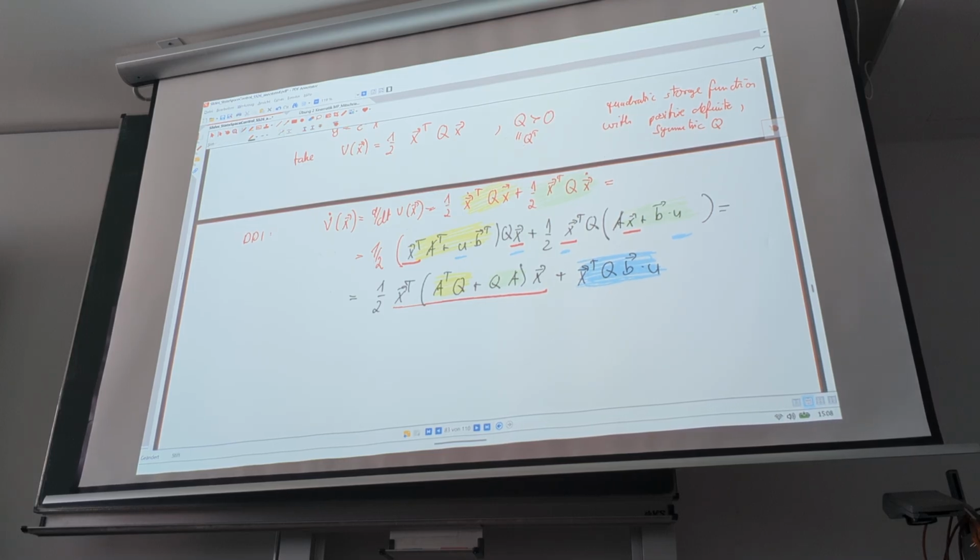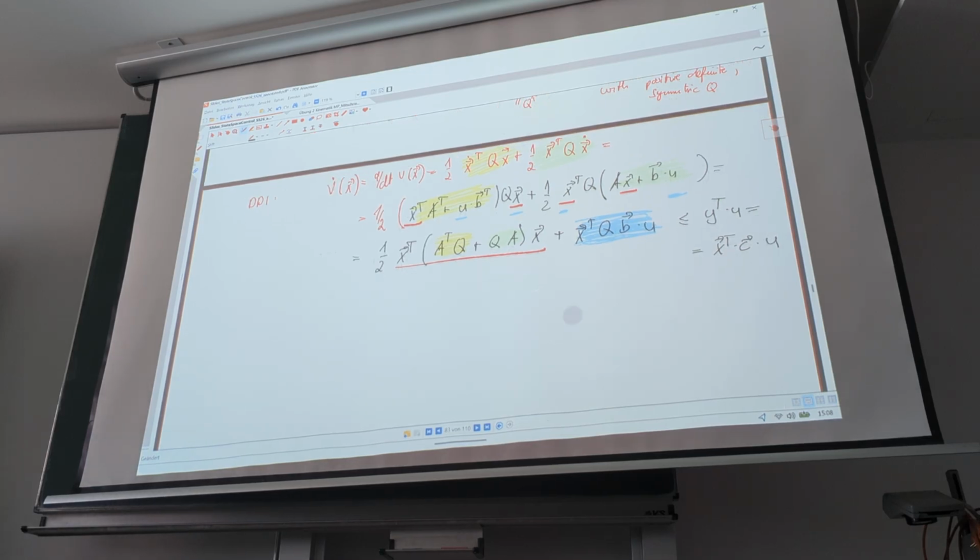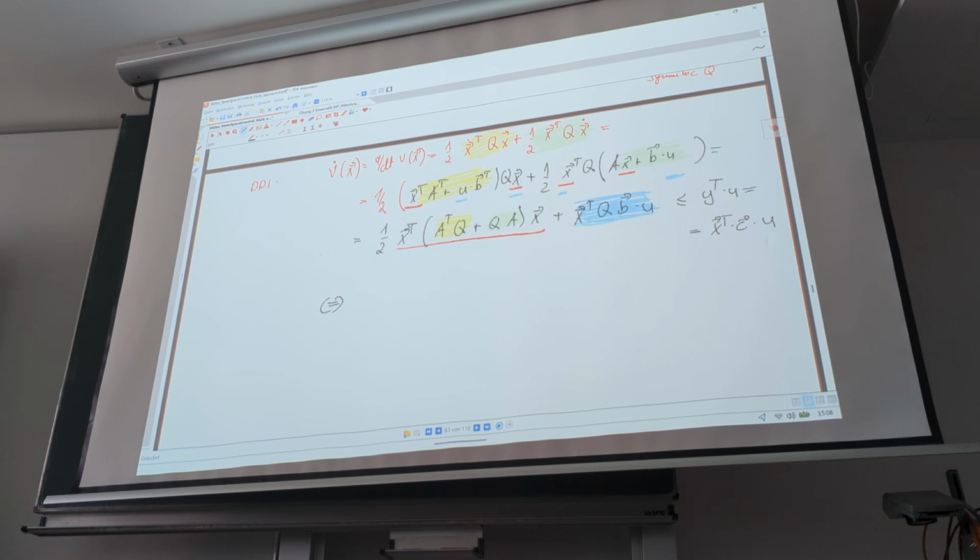Now, this differential dissipation inequality should be less than y transpose times u, which is x transpose times C times u. And thus, this would yield A transpose Q plus QA less or equal than 0.